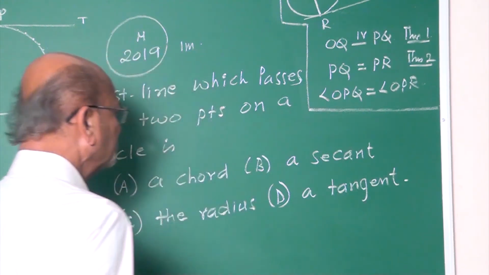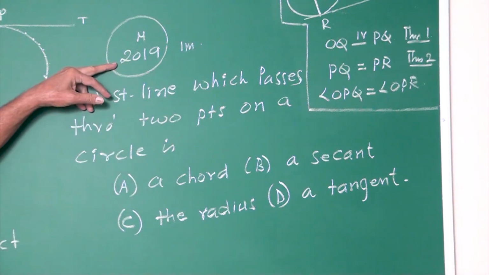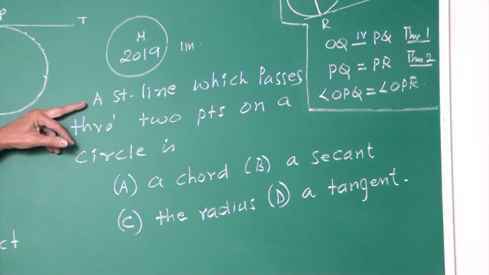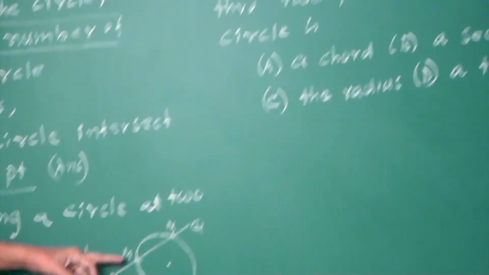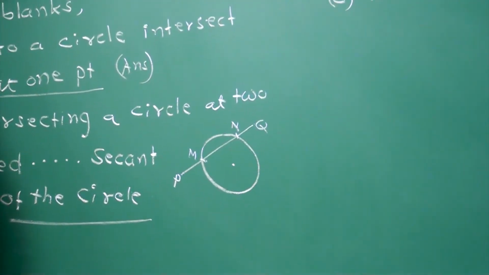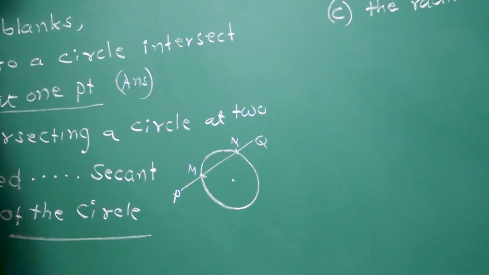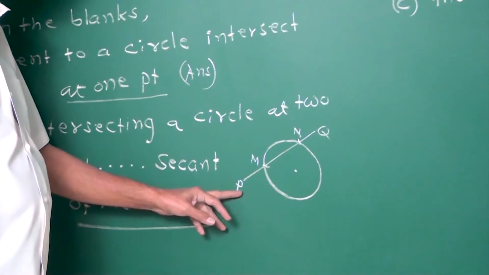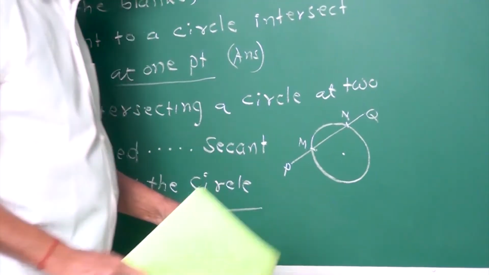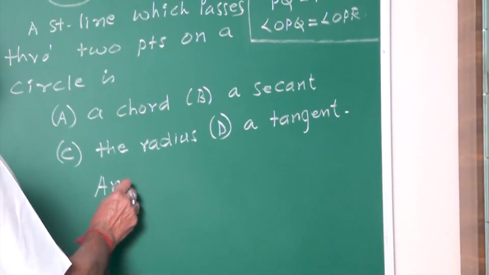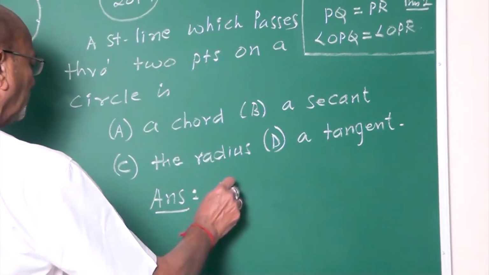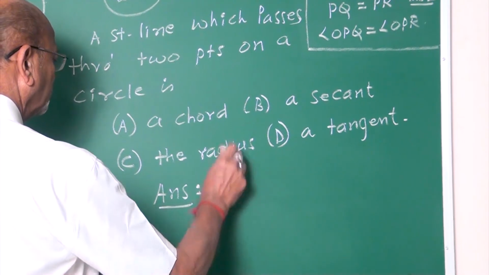Yes, my friends, it appeared in the 2019 question paper. A straight line which passes through 2 points on a circle is known as what? Secant of the circle. Then what is the answer? Answer is B, my friends, which is secant.